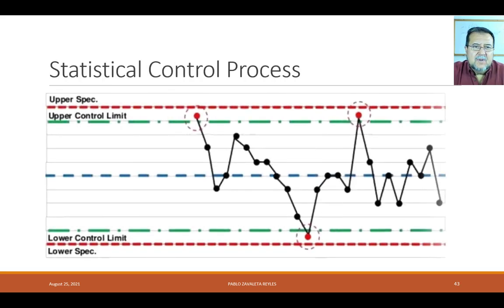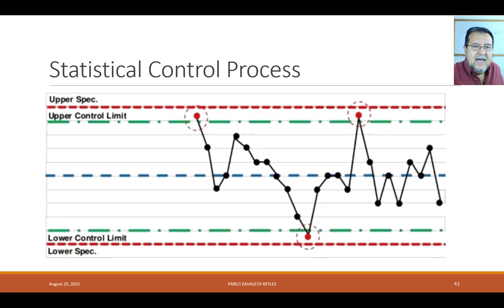Here, for example, I am putting a process, an example of a process, and as you can see, the specifications are in red. My control limits are well within the specifications.